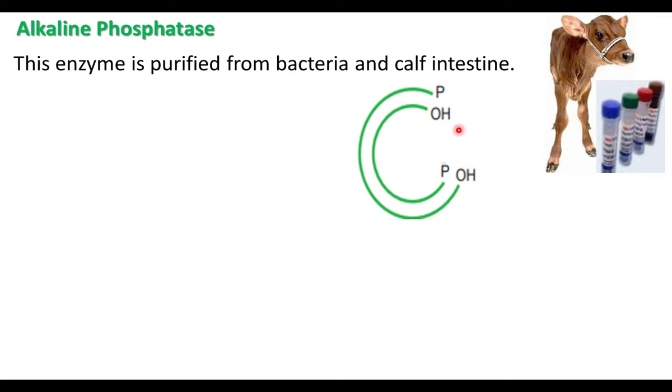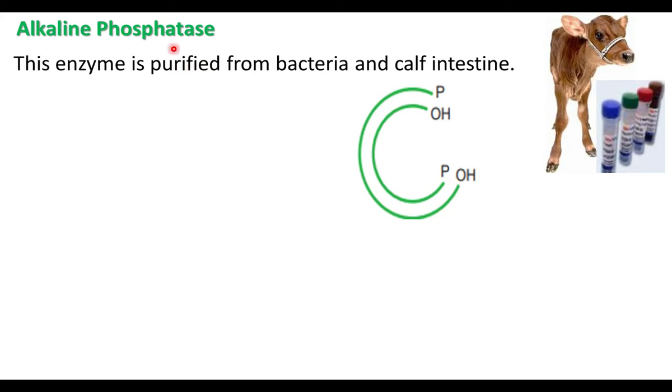There is a possibility of circularization or rejoining of the two ends of the plasmid by the formation of a phosphodiester bond in the presence of DNA ligase. So self-ligation is possible.